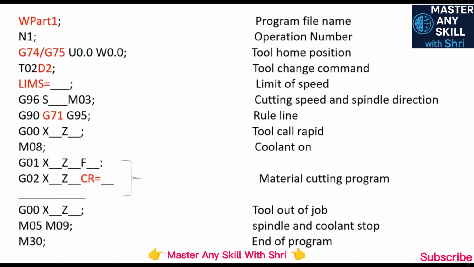In Fanuc, we use G50 and then the maximum spindle speed, but in Siemens, we use LIMS is equal to give the maximum spindle speed. In Fanuc we use G21 for size in mm, but in Siemens we use the G71 code. After that, for cutting material in a radius we use R in Fanuc, but in Siemens we use CR is equal to give that radius. So that's how we have to write the program.